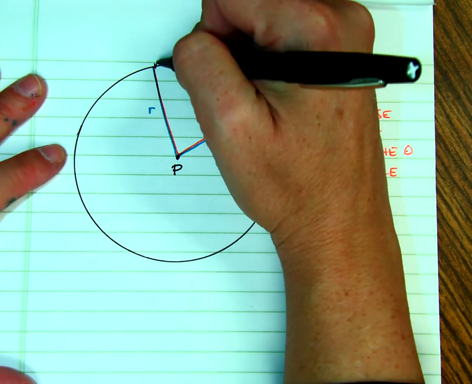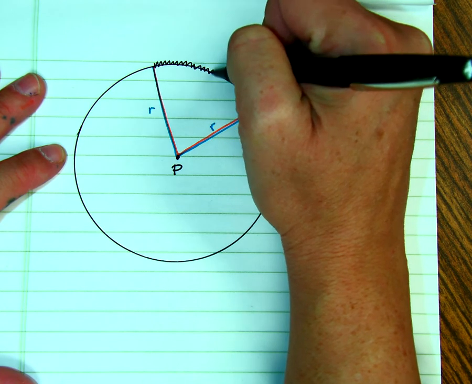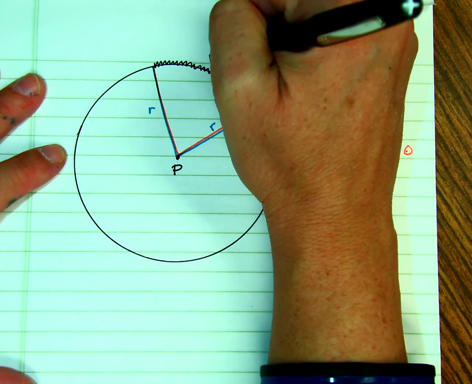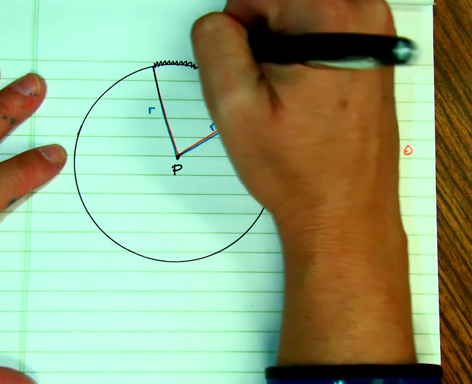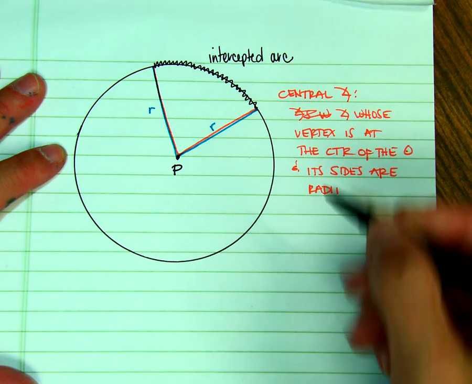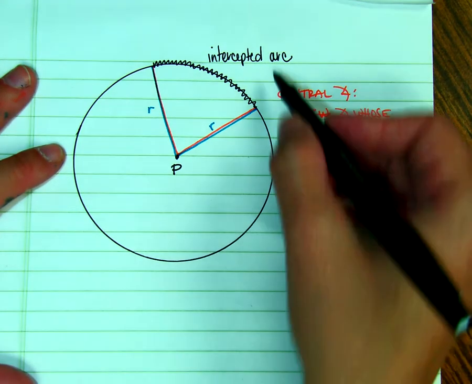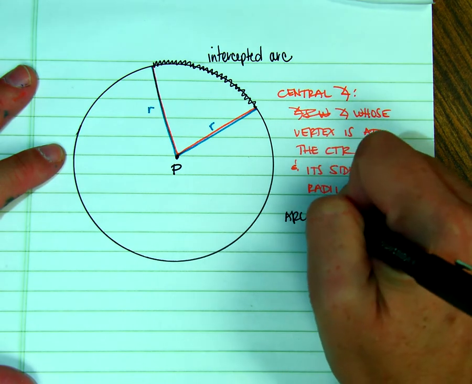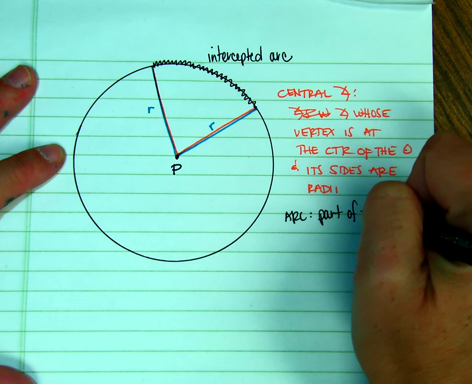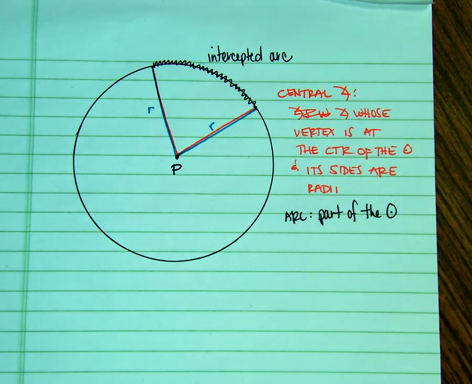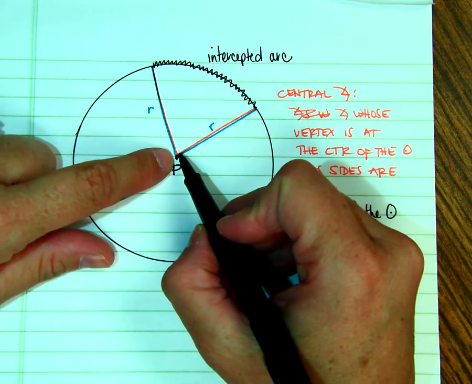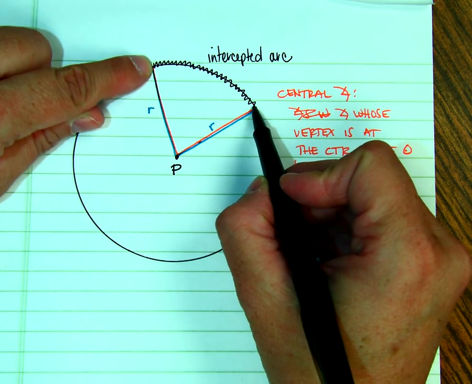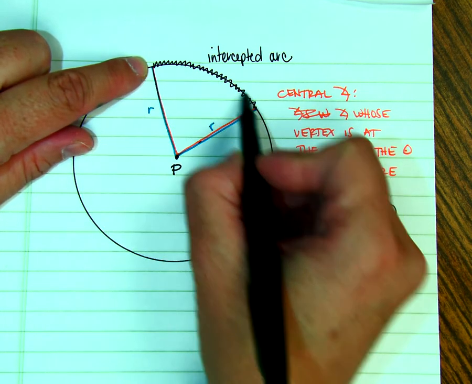This right here is called an intercepted arc. So by definition, an arc is part or a piece of the circle. The reason why it's called an intercepted arc is because if I were to extend the sides of my central angle, it's the arc in between the sides.